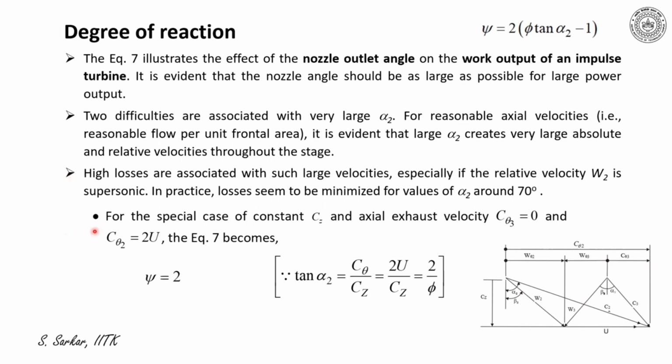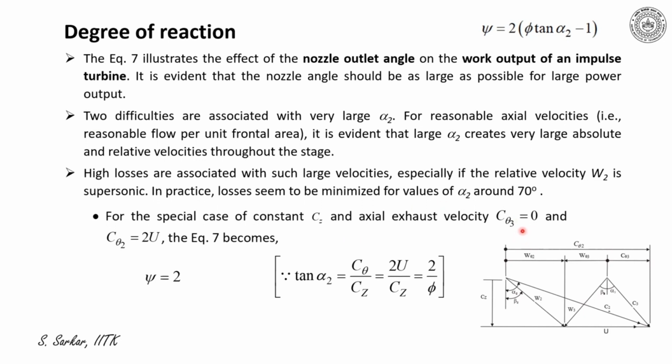Now I would like to introduce a special case where let us consider Cz remains constant. Furthermore, if we assume the exhaust velocity becomes axial, then C theta 3 must be equal to 0.